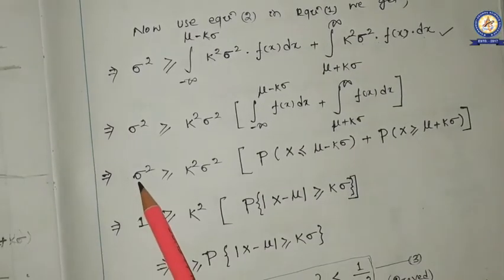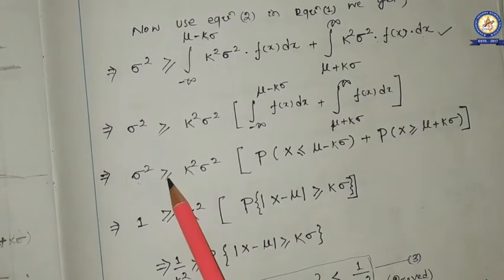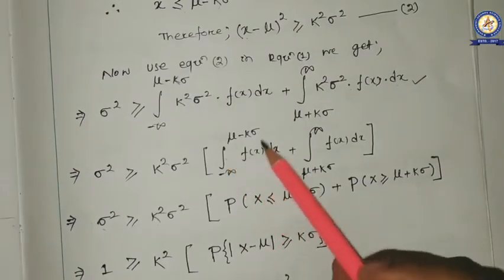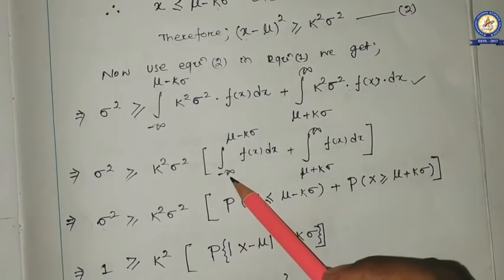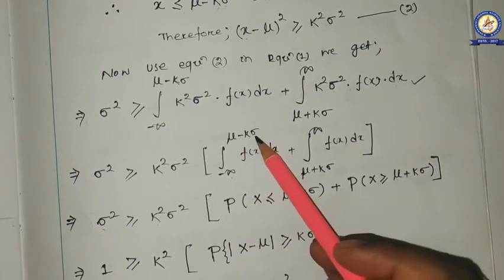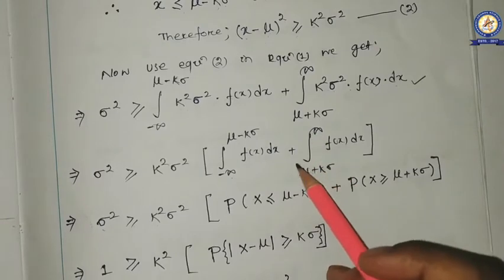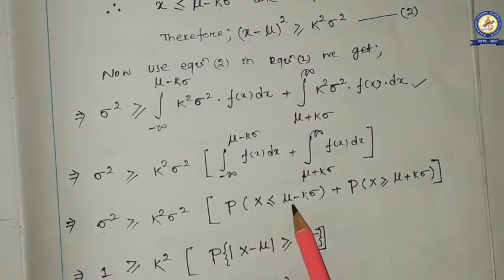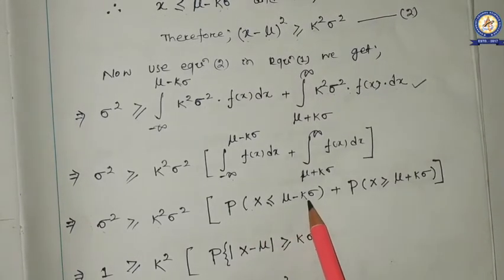That implies sigma square is greater than or equal to k square sigma square times, what is this value? The integral from minus infinity to mu minus k sigma of f(x) dx. This value is nothing but the probability for x less than or equal to mu minus k sigma.